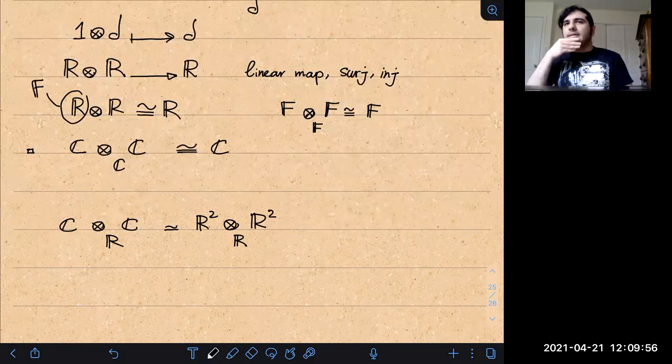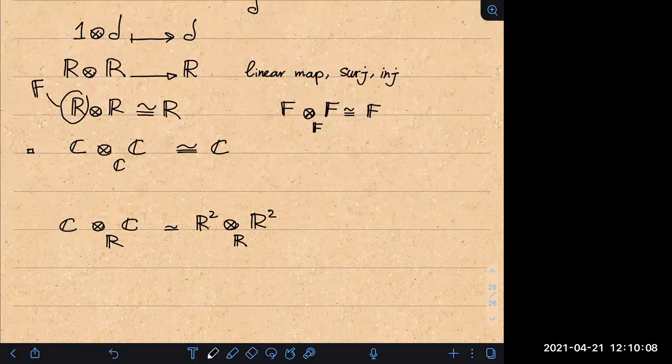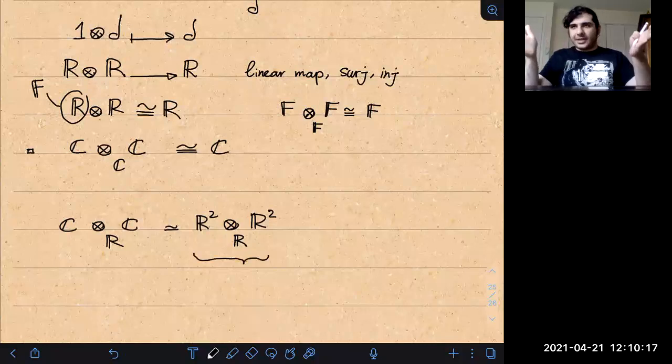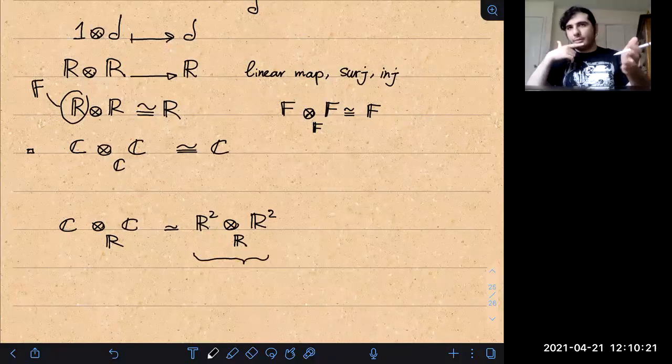And what is that? What is the result of this tensor product? Does anyone know? Would it be R4? Yeah, that's good. So what is the dimension of this? Remember, I told you the dimension of tensor product is equal to multiplication of dimensions.